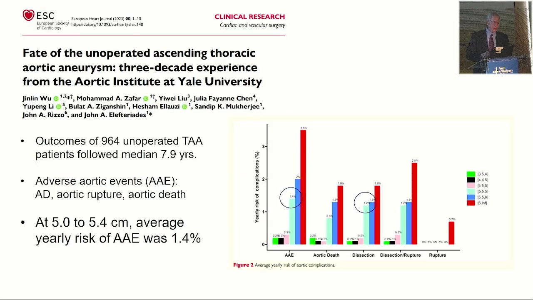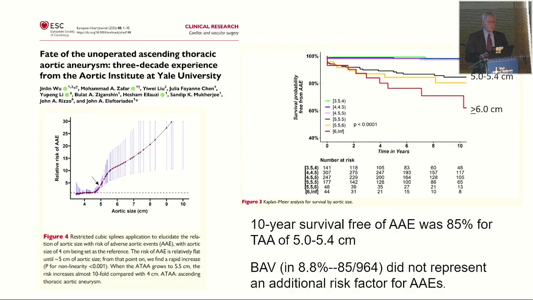Finally, the group at Yale looked at 1,000 patients with unoperated thoracic aneurysms followed over 8 years and codified adverse ascending aortic events: dissection, rupture, or aortic death. And again, looked between 5 and 5.4 centimeters, the average yearly risk about 1.4% of one of these events under watch. But an interesting part of this paper is the long-term survival.